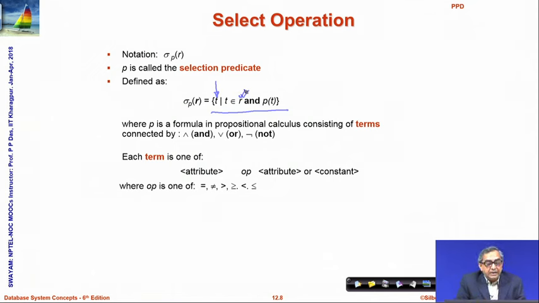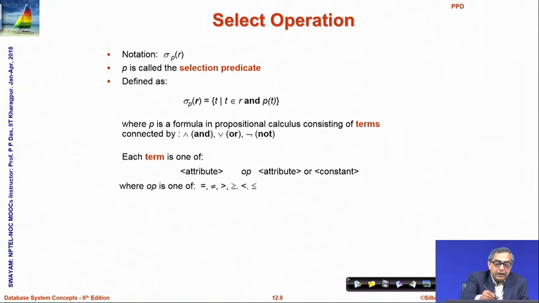So, it already exists in that relation and it satisfies the particular selection predicate. So, any tuple that satisfies this predicate is included in the result, any that does not satisfy is excluded from the result.